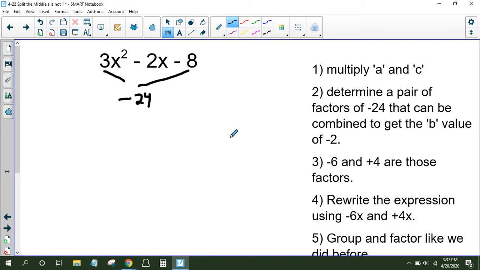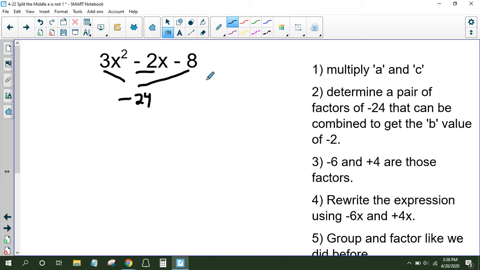So step 2, we want to determine a pair of factors of negative 24 that we could combine to get a b value of negative 2. So think about this.